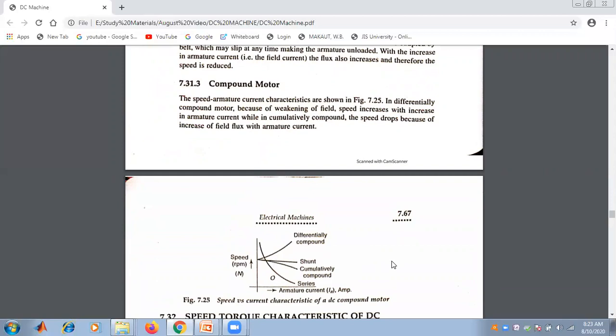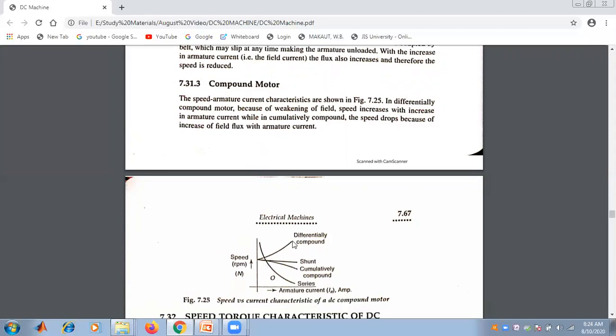In the differentially compound motor, because of weakening of the field, speed increases. If I go through the differential compound motor concept that we have seen in our previous discussion, because of weakening of the field, the speed increases. As the flux goes weak, the speed goes on increasing with an increase in armature current, that is clearly seen.